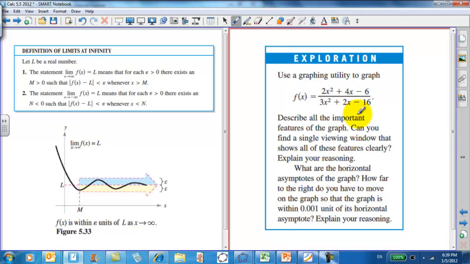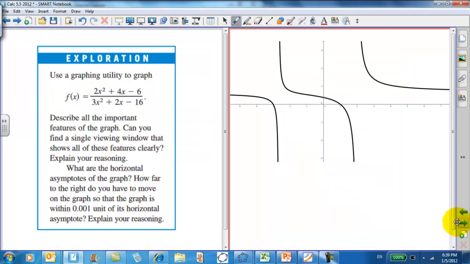So now let's explore this with a graphing utility. This function, 2x squared plus 4x minus 6 over 3x squared plus 2x minus 16. And we see some strange behaviors here. Something like this we've seen before. These are the vertical asymptotes. And remember where that comes from? What makes the denominator equal to 0.